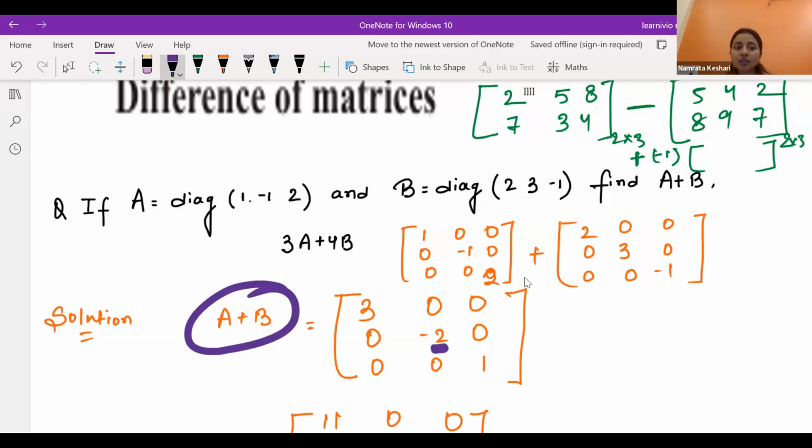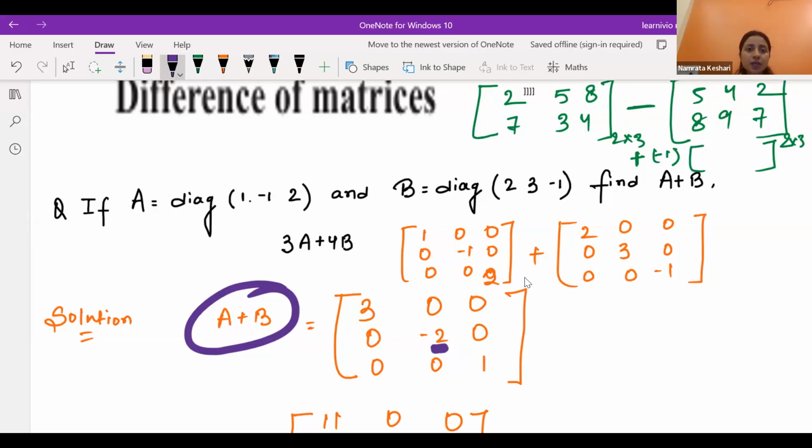Wait, I'm talking about A plus B. Oh, A plus B. Oh, that's correct. Just take a pause and observe it carefully. A plus B. 1 plus 2 is 3, correct. -1 plus 3, 3 minus 1, that's 2. I said positive 2. Okay, it will be positive.